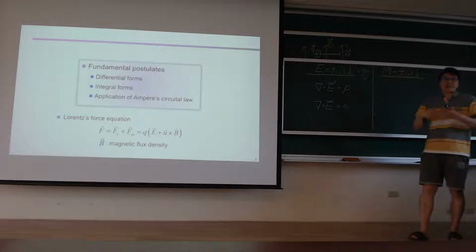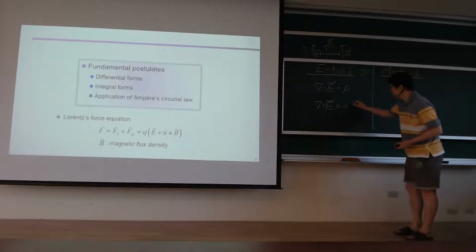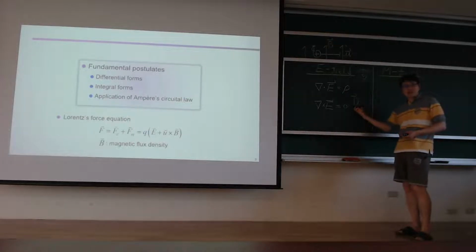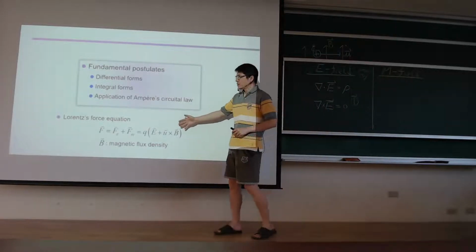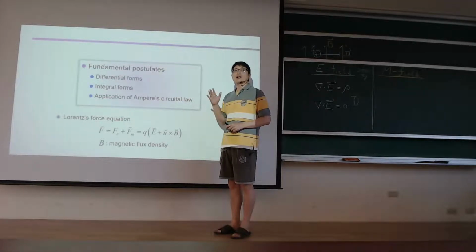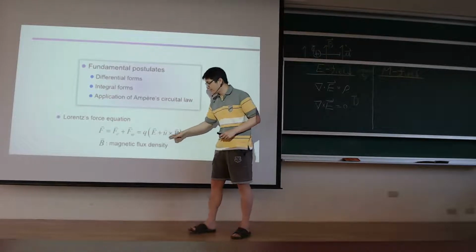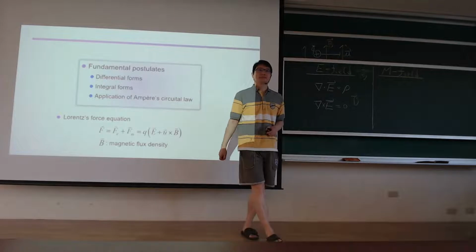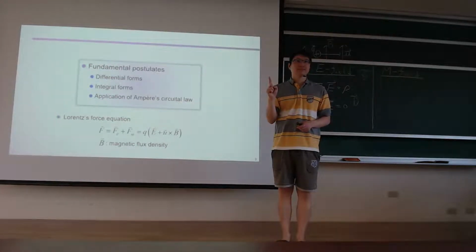And when we have materials, then we introduce D, which is the flux density. But up front, now moving into magnetic field, we are introducing B up front as the flux density. Okay, so that is one thing already different. It's already different.